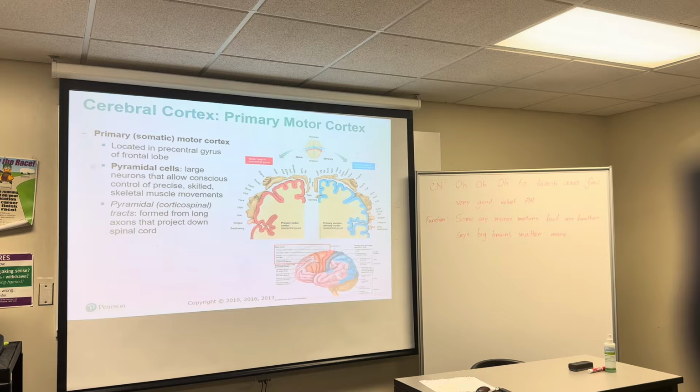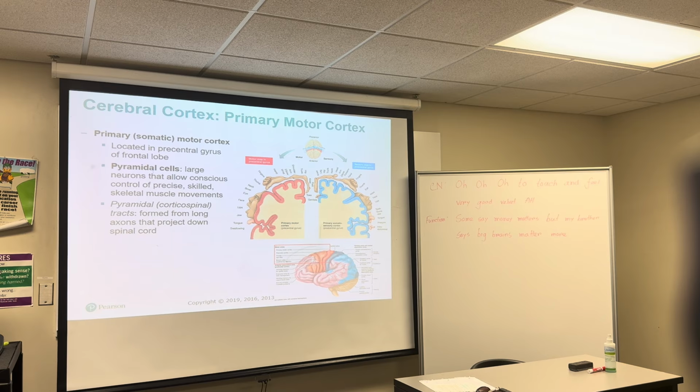Okay, so now let's talk about the primary motor cortex, which is basically in front of the central sulcus. We call it precentral gyrus of the frontal lobe. They have the pyramidal cells, large neurons that allow conscious control of the precise, skilled skeletal muscle movement. This pyramidal tract, let me tell you one more time, just so that you remember. In the last chapter, we talked about the definition of some specific parts of the neuron, right? When we say tract, what do we mean by that?